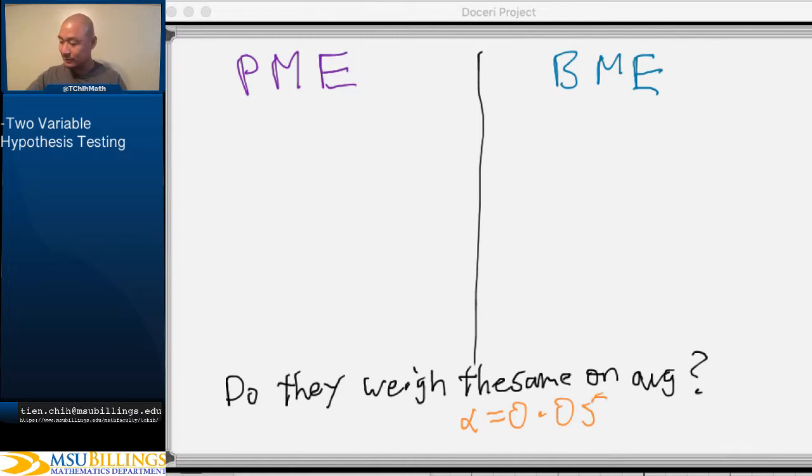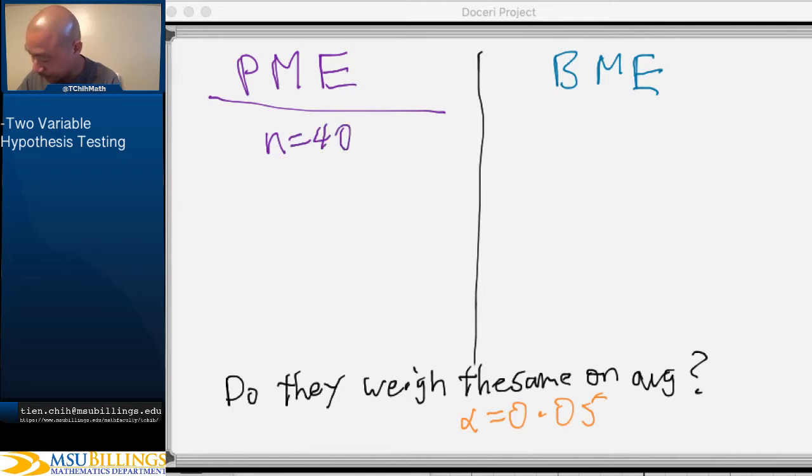Alright, now, as usual, the second step is going to be to go out and weigh yourselves a bunch of elephants. And so we're going to weigh, let's say you get your hands on 40 purple microelephants, and they have a mean of P, let's stick with the same numbers we've been using. Why not?